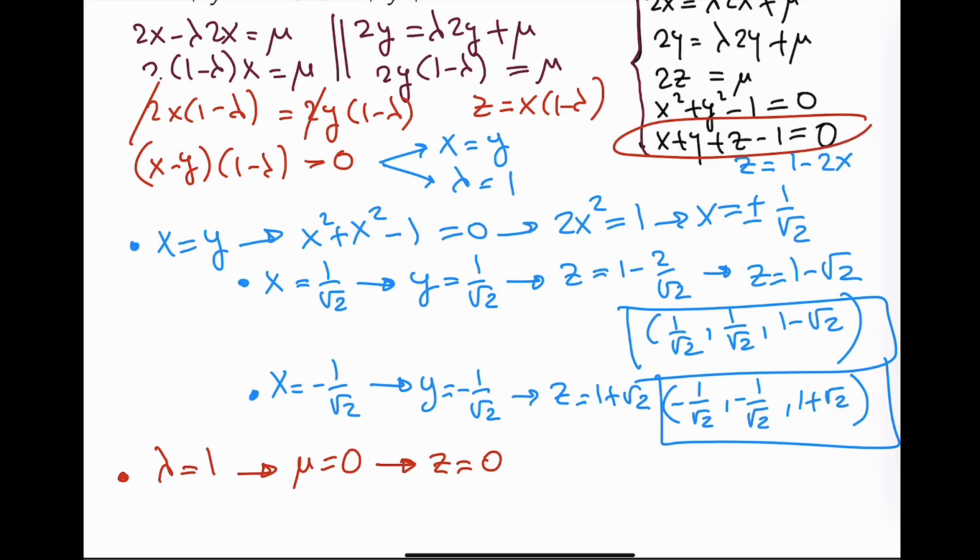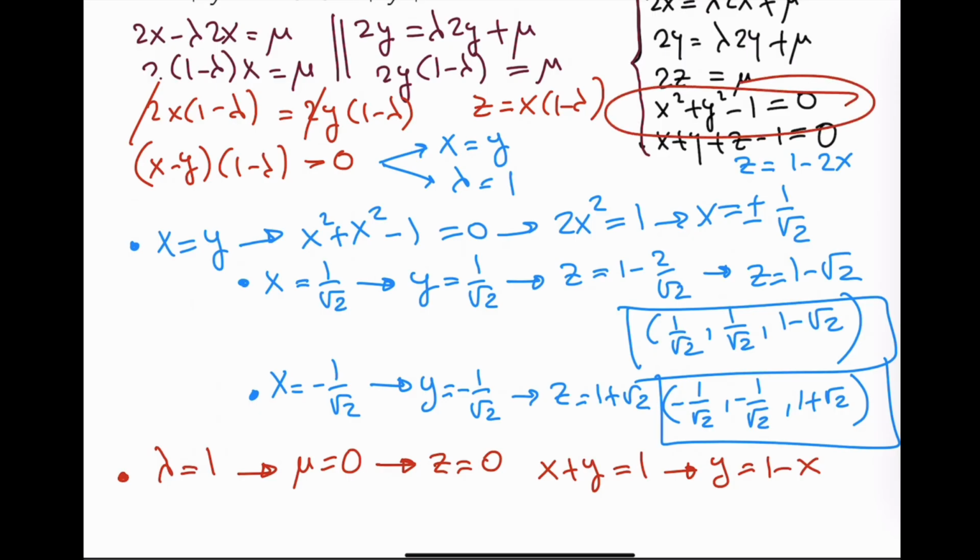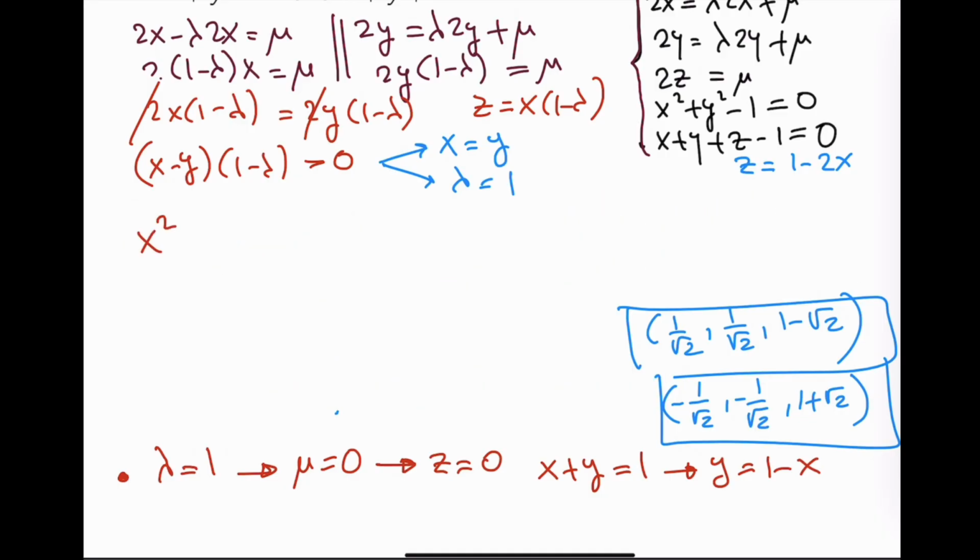And then we go to this equation, so let's put z equals 0 there, and so we get that x plus y is equal to 1. And so then we have that y is 1 minus x. So if y is equal to 1 minus x, we go to this equation now, we substitute there: x squared plus, instead of y, we put 1 minus x, squared, is equal to 1.